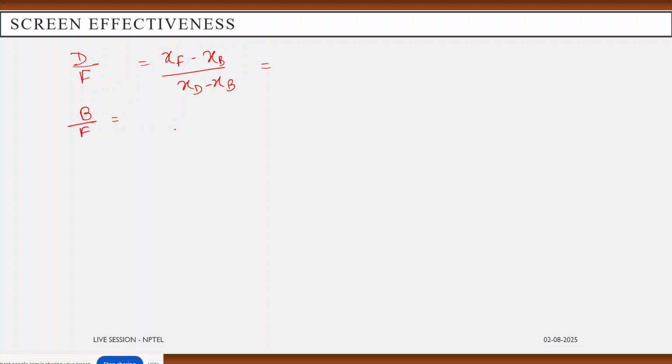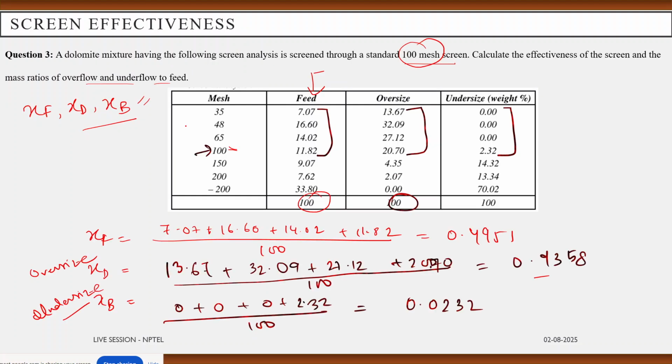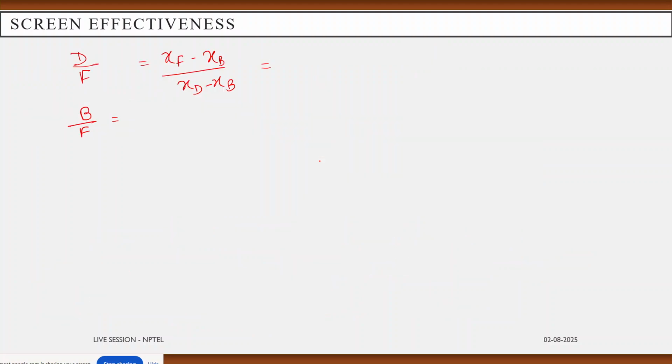Ma'am, can you please show the previous slide? Now, ma'am, show the next slide. So you can calculate B by F. The expression is XD minus XF by XD minus XB.